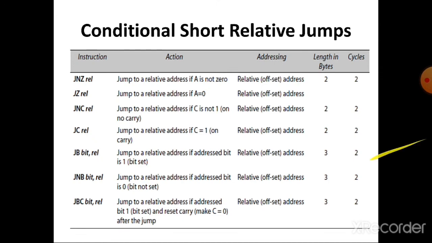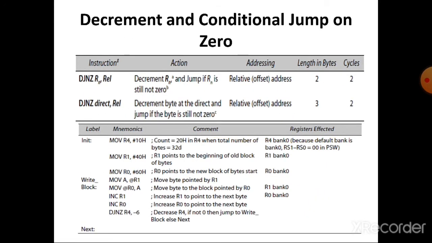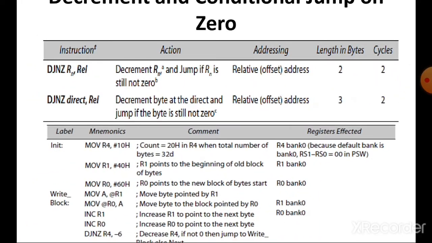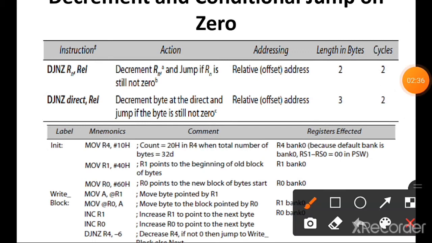Another one is decrement and conditional jump on 0. This is an additional instruction in the 8051. First it decrements the register, then jumps if non-zero to the relative address.